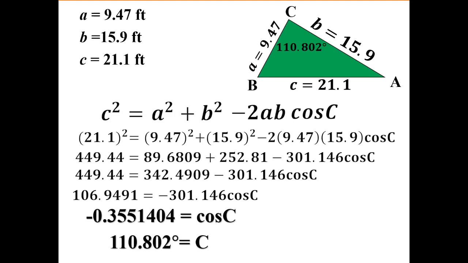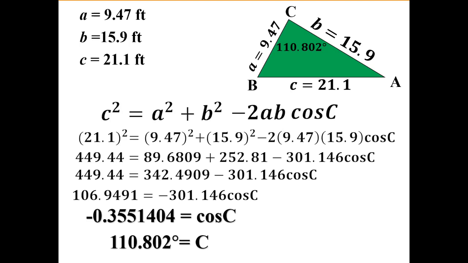We now need to find either angle A or angle B. You might be tempted to use the law of sines because we now know side C and angle C. If you start a problem using law of cosines, do not go back to using the law of sines to find an angle.